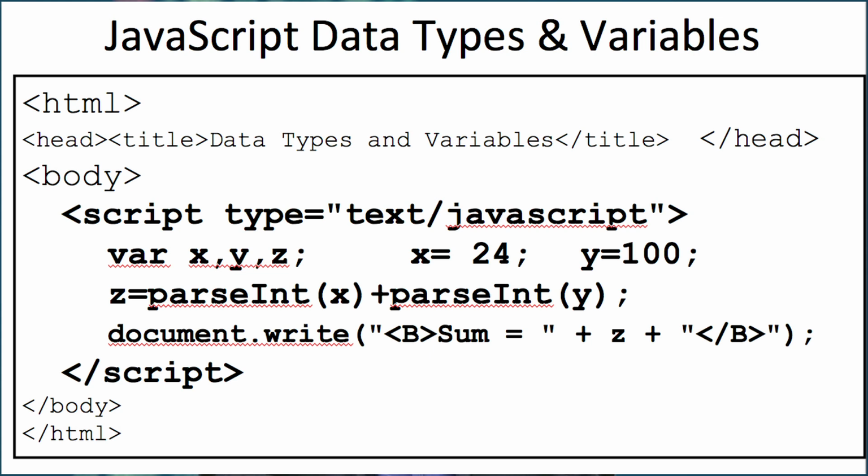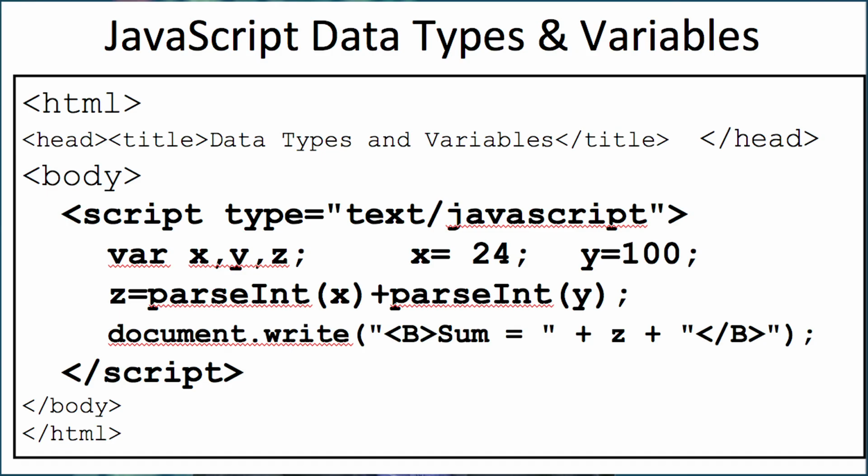And in the last line, the third line inside this script, we have document.write, and then inside brackets and double quotes you can see the bold tag, sum equals, plus z, and slash b.